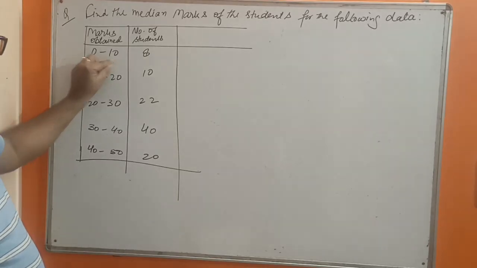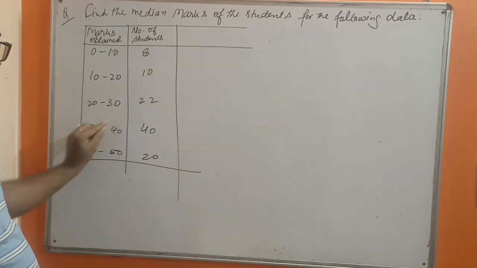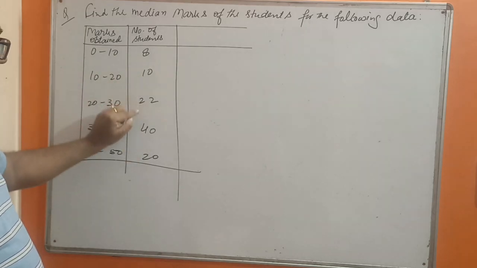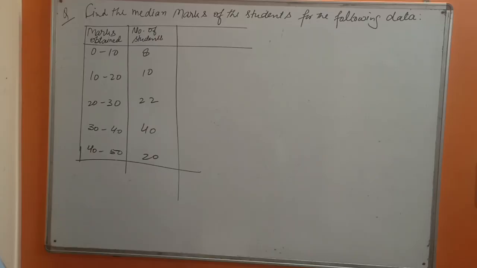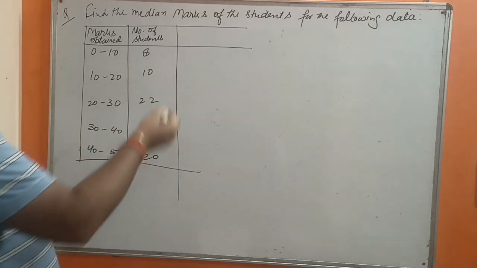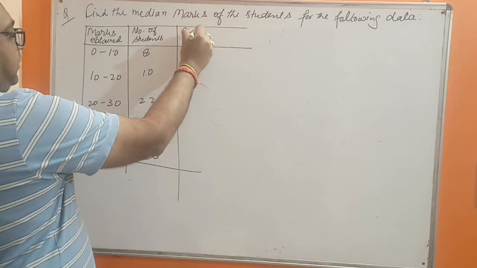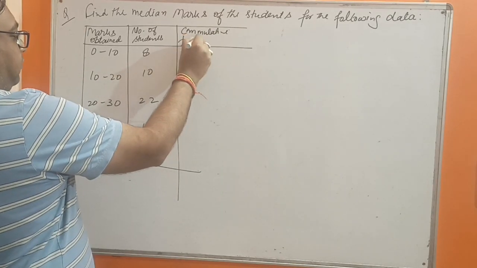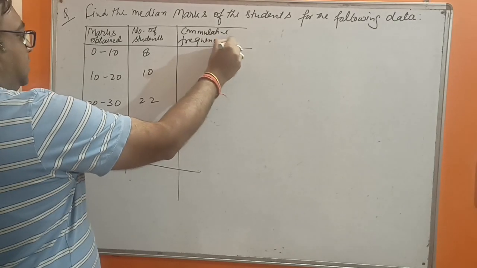The next question: find the median marks of the students from the following data. Marks: 0 to 10, 10 to 20, 20 to 30, 30 to 40, 40 to 50. Number of students: 8, 10, 22, 40 and 20. So this is grouped data, and we are finding the median for this. First we have to calculate the cumulative frequency, CF.